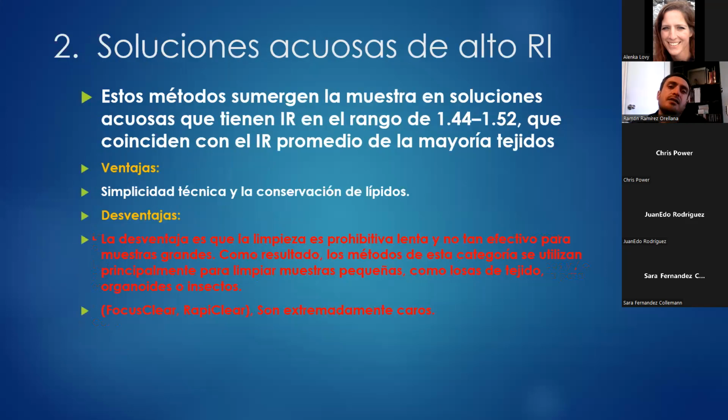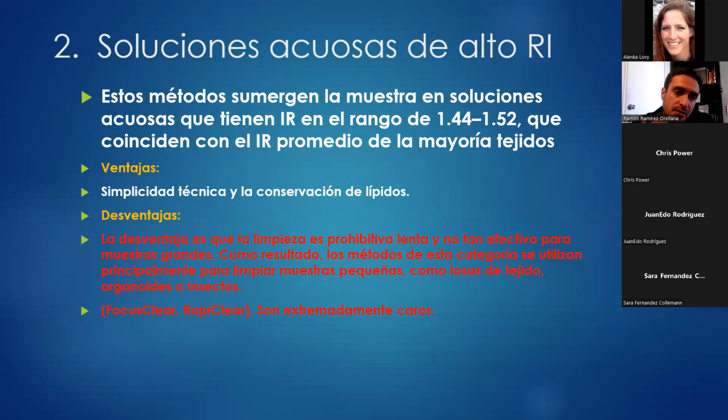Otra de las técnicas que existen son las soluciones acuosas de alto índice de refracción. Estos métodos sumergen la muestra en soluciones acuosas que tienen un índice de refracción en el rango de 1,4 a 1,52, buscando igualar el índice de refracción.